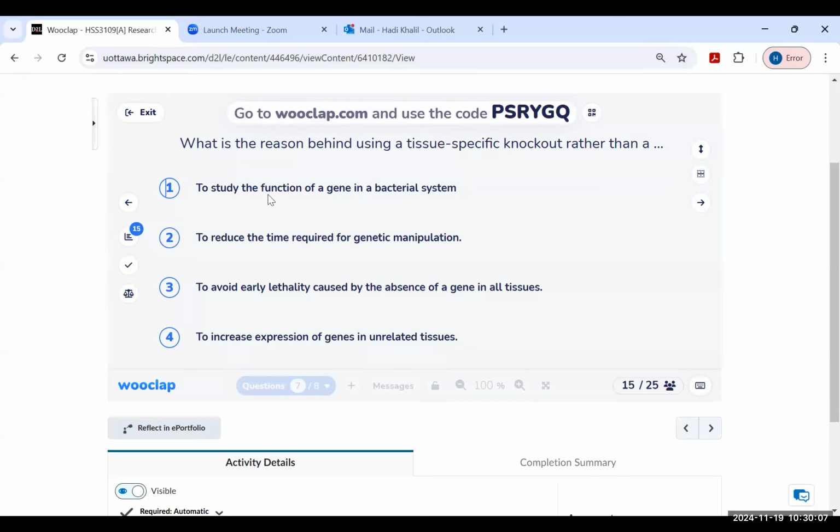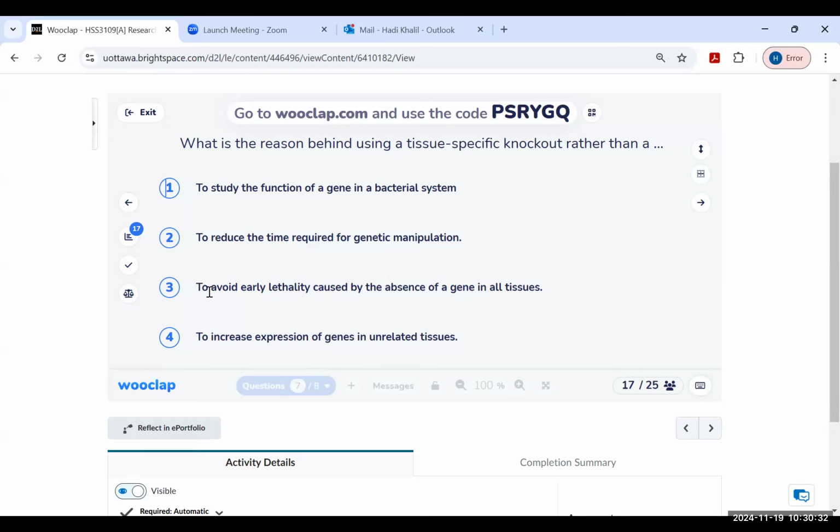Is it to study the gene function in a bacterial system? Yeah, probably, but why in the bacterial system? To reduce the time required for genetic manipulation, is it true? We know that it takes more time to generate a tissue-specific knockout compared to a conventional one.